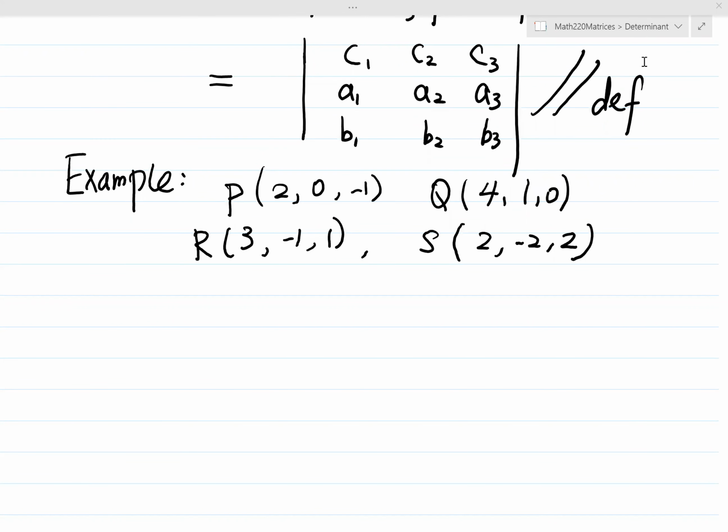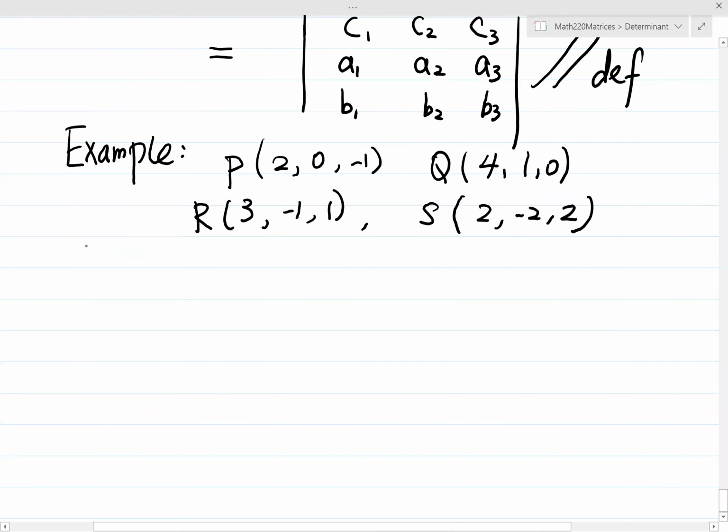What we do is, this parallelepiped, find the volume of the parallelepiped.